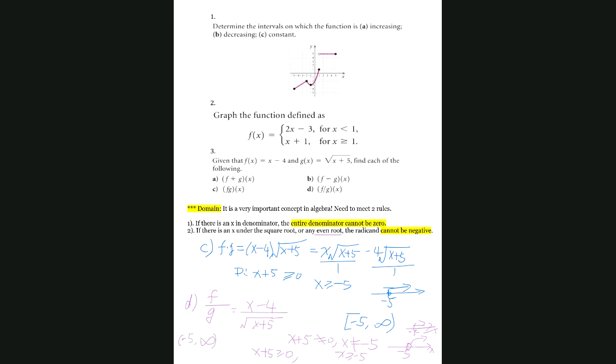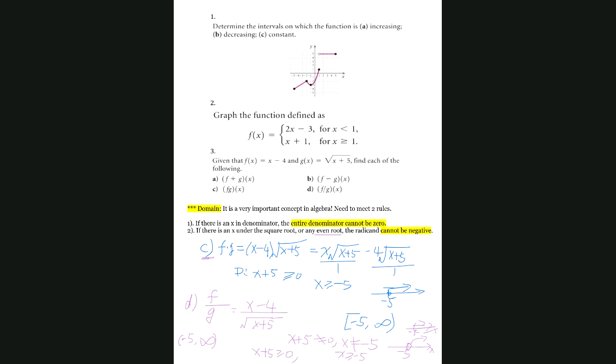All right, so look at the difference in here. For C, you can have an equal sign because this is not in a denominator, right? For D, you cannot have an equal sign on the negative 5 because this is moved to the denominator. Okay, any questions? This is a very important thing for the domain, right?